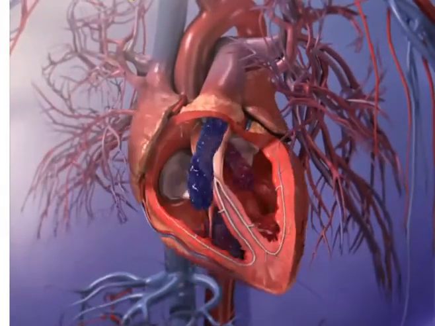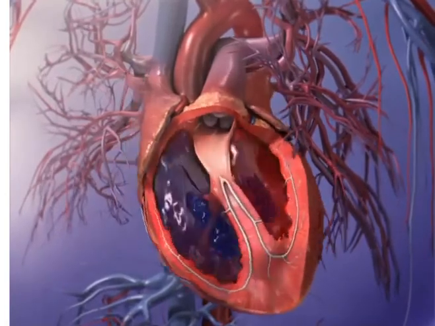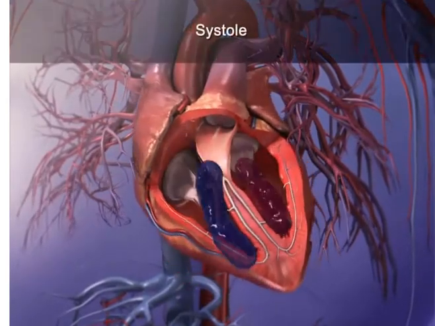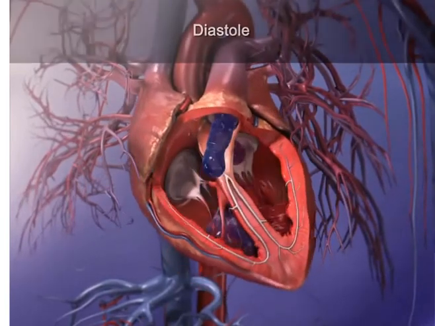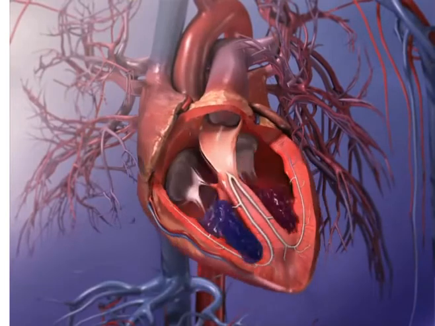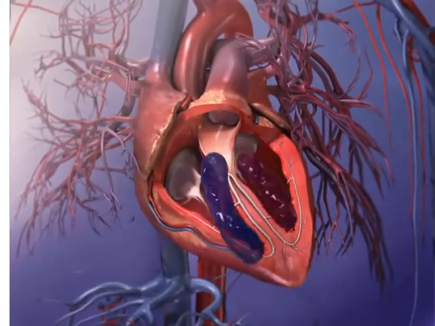This cardiac cycle can be split into 2 phases, systole and diastole. Ventricular contraction and constriction is known as systole, while relaxation and expansion of the ventricles is called diastole. Diastole is longer and takes up 2/3 of the cardiac cycle. Systole is shorter and takes up the other third.